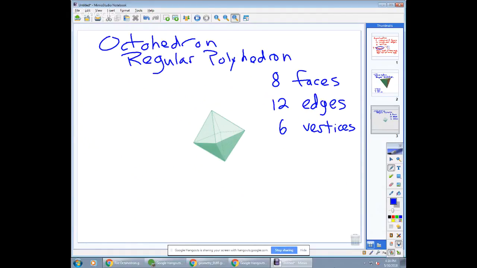All right, so I'm going to hold off on doing the other two. I'm going to let you guys do those later, and we'll talk about it some more in the next class. There are not as many regular polyhedra as there are regular polygons. So we have a 4-faced regular polyhedron and a 6-faced regular polyhedron.